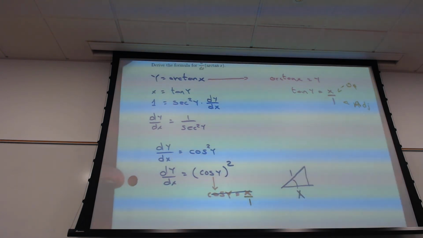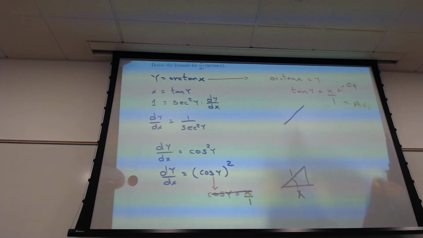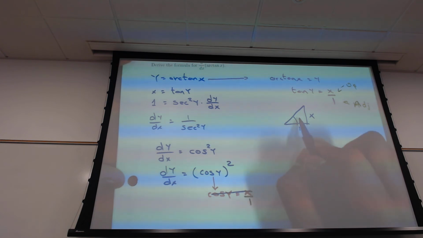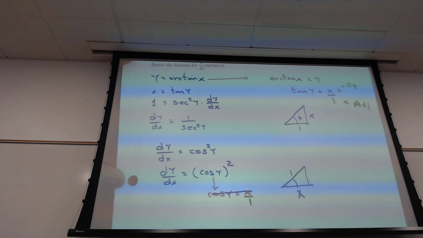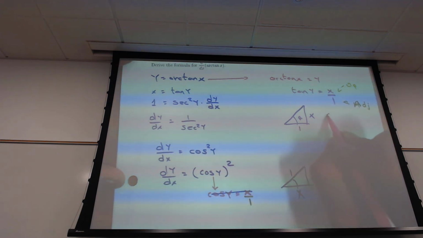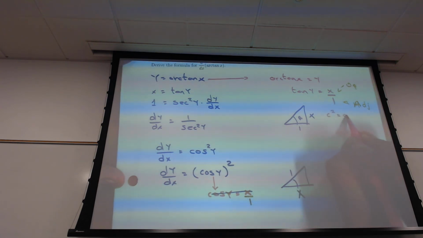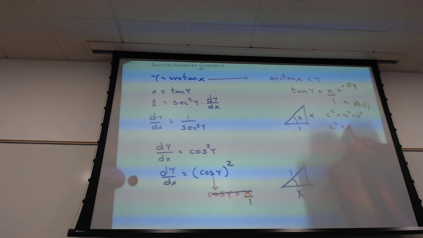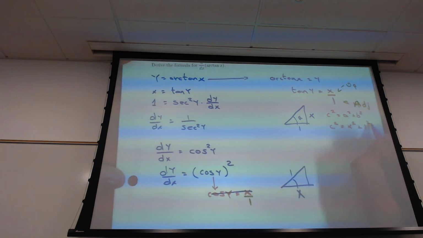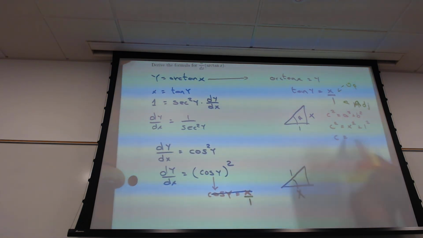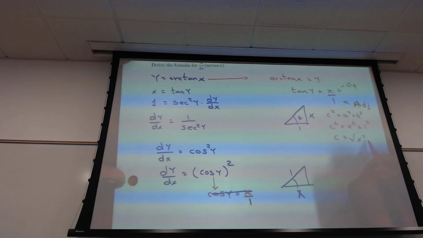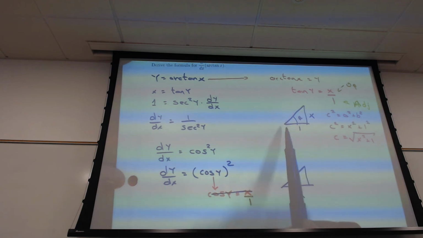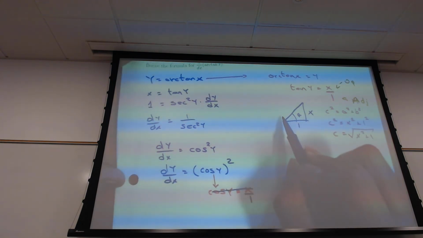So let's construct our triangle from here: opposite over adjacent, and the length of the missing side is obtained by using the Pythagorean theorem. So x squared plus 1 squared, and c equals the square root of x squared plus 1, which is going to be the hypotenuse.